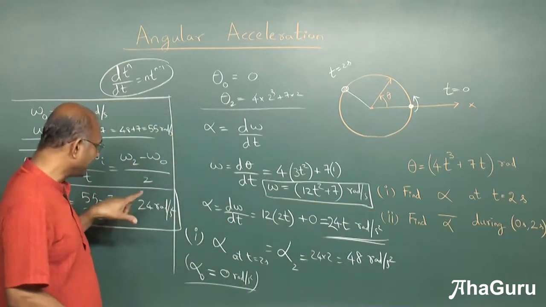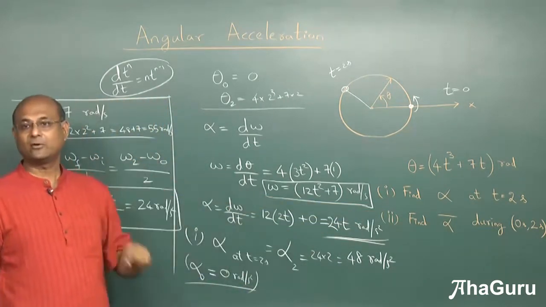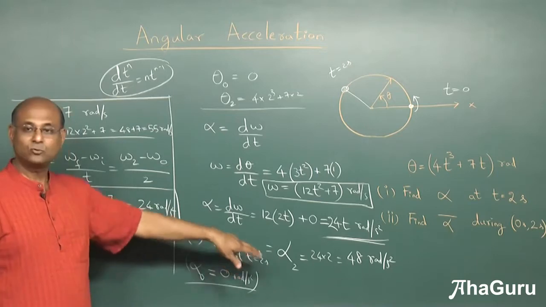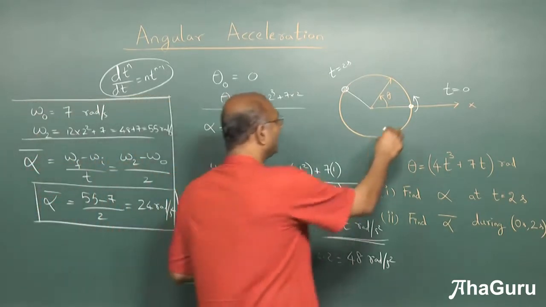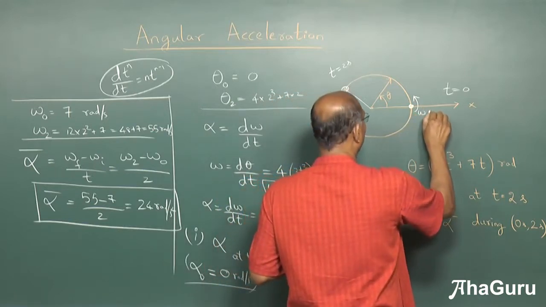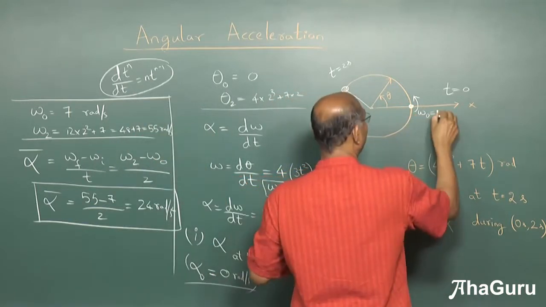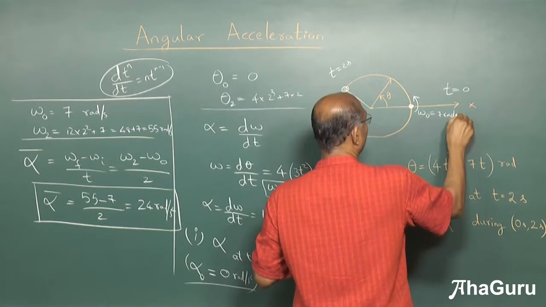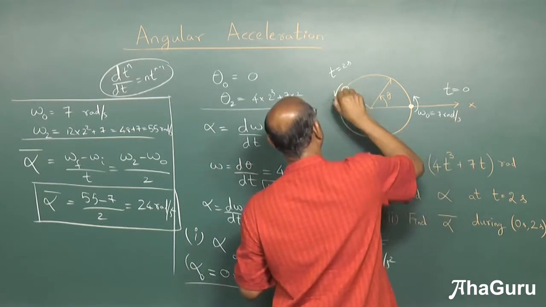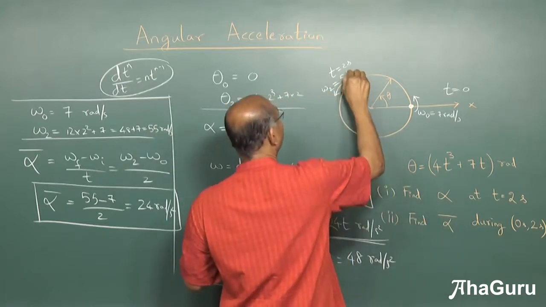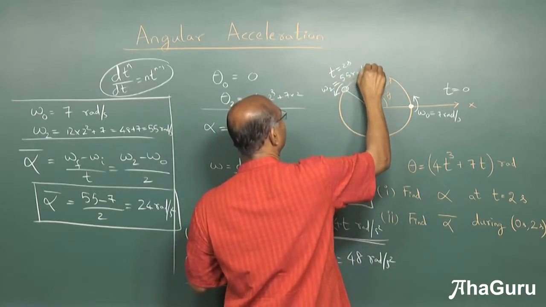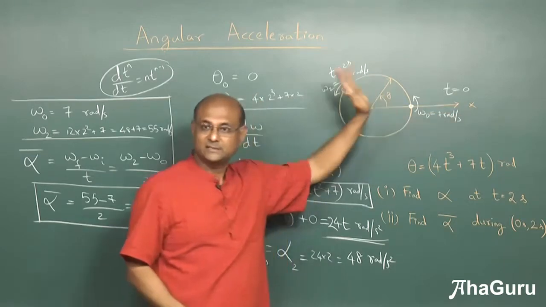Please notice this is different from the instantaneous value of alpha, which happens at 2 seconds, right? Why? Because alpha is changing. In fact, what was omega naught? 7 radians per second. And at this point omega 2 was 55 radians per second. Omega is changing.